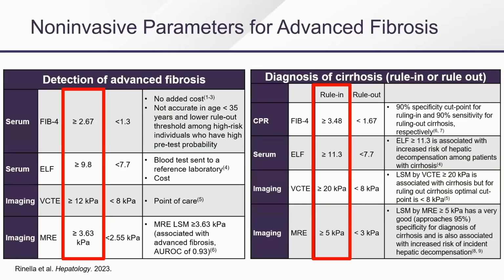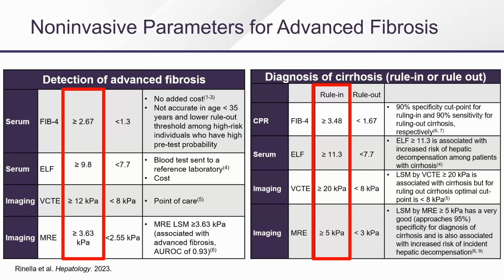When you look at these tests and what you're going to use them for, if your approach is to identify those who have advanced fibrosis, then these are the thresholds you have. If your approach is to find cirrhotics, meaning those you need to screen for hepatocellular carcinoma and sometimes should think about sending for a transplant evaluation, then the threshold is different.